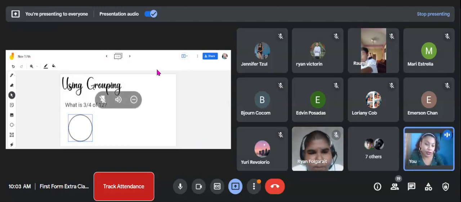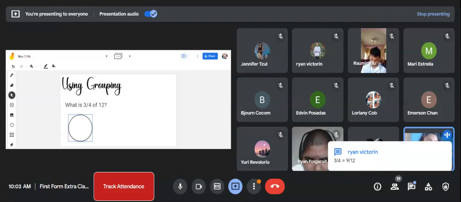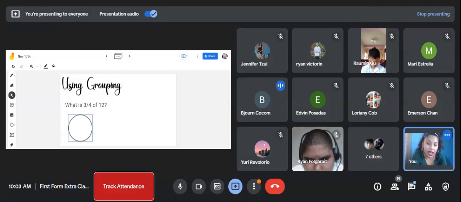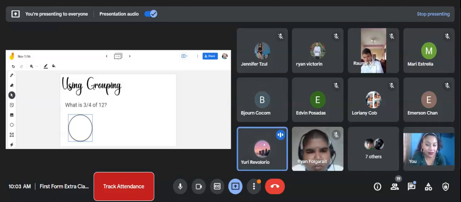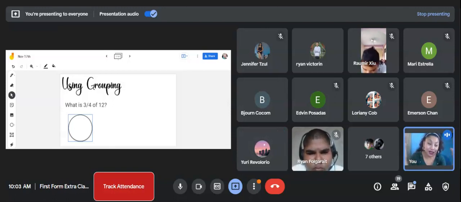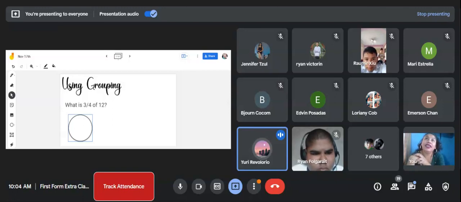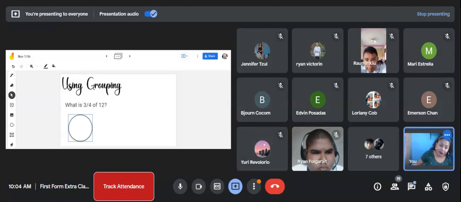And how do you know how many groups you are going to be needing? When you have the fraction 3/4, what out of that fraction tells you how many groups I need to make? Anybody know? 4. How do you know that it's 4? Because when they give you the fraction 3 over 4, 4 is the total, right?